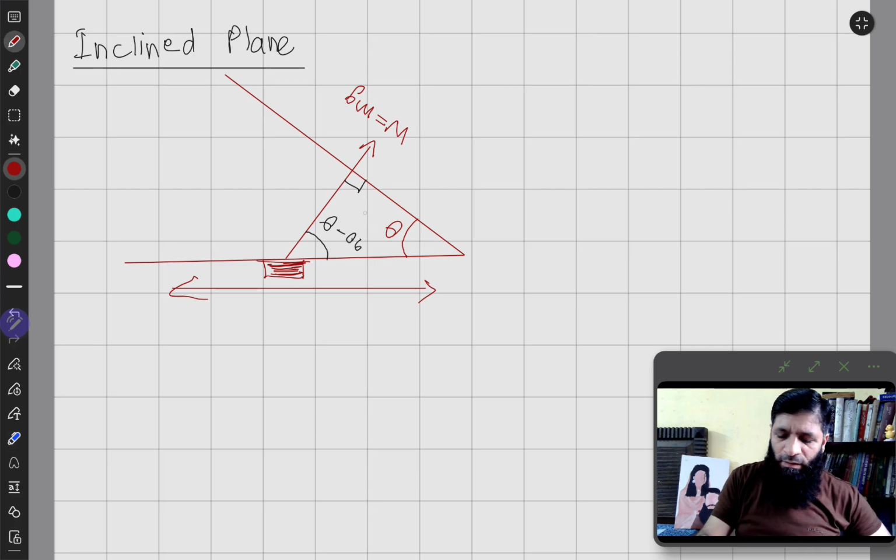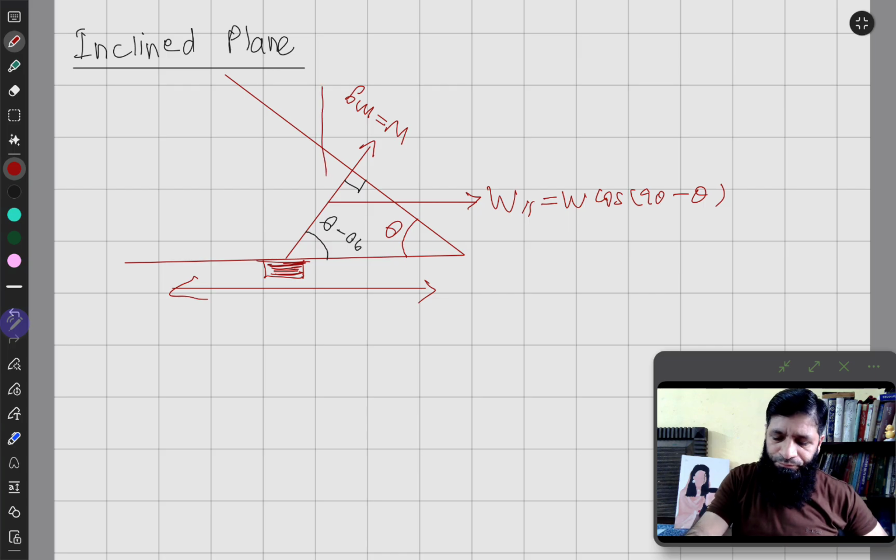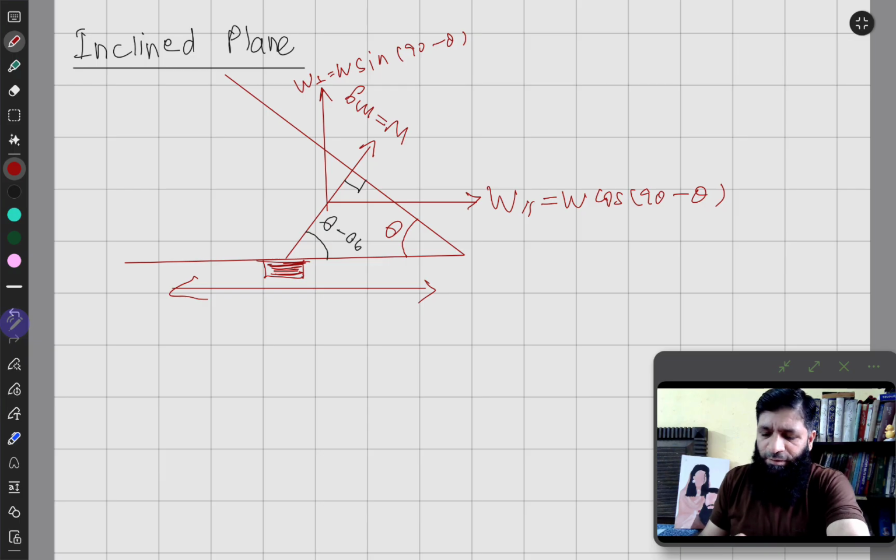So the parallel component of weight will be W cos 90 minus theta. We have done this concept in our first video, that all the parallel components or the horizontal components of any force will be F cos theta, and the vertical components will be F sin theta. So the vertical component of weight will be W sin 90 minus theta. That will be the perpendicular or the vertical component of weight.